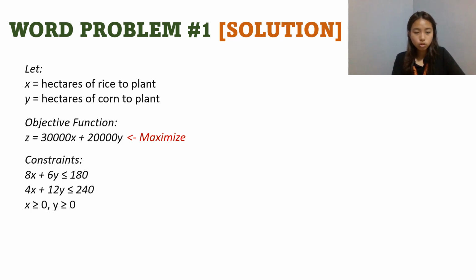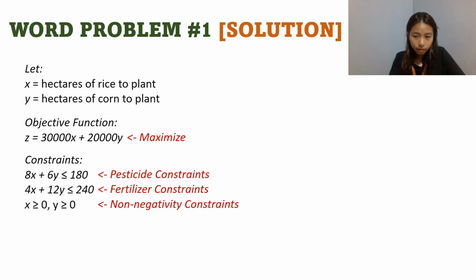To set up the constraints: 8x plus 6y less than or equal to 180 is the pesticide constraint. It means that the total amount of insecticide used should not exceed the available insecticide.